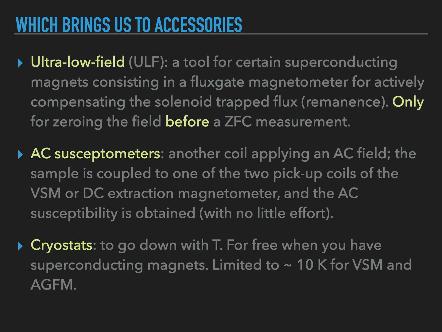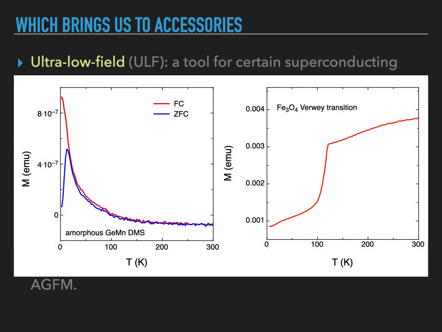The result is a zero field that is much, much smaller than what you can obtain by simply demagnetizing the superconducting solenoid. That accessory can turn out to be extremely useful when you need to do measurements at the best zero field that you can.